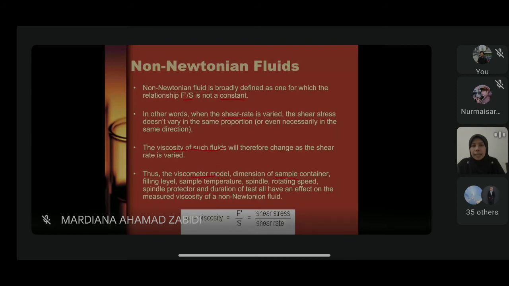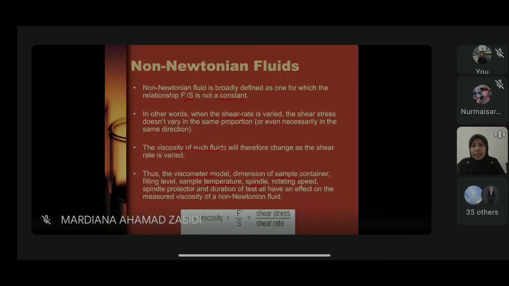Sample temperature, which I have mentioned just now, is very important for you to monitor. And then the type of spindle, in terms of the diameter and the thickness of the spindle, those play a role in viscosity measurement, as well as the rotating speed.